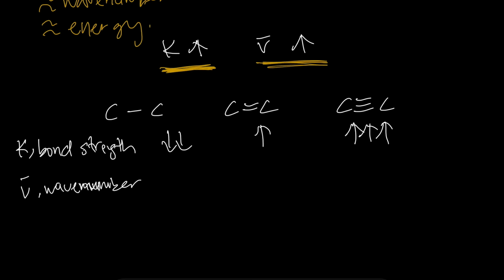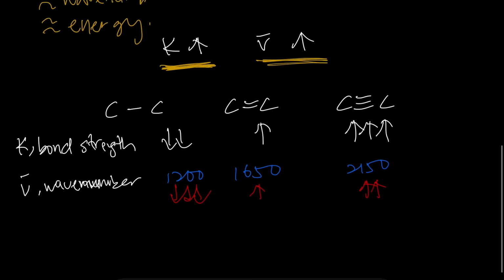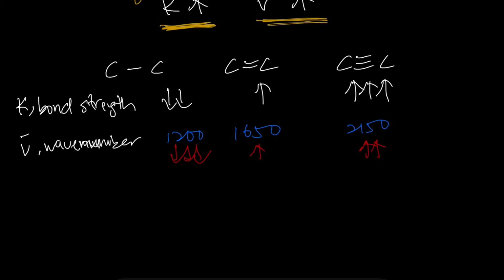If we compare these three, the wave number for the triple bond is 2250, the double bond is 1650, and the single bond is 1200. The triple bond has the higher wave number, followed by the double bond, and the single bond has the lowest wave number. This is because of the difference in bond strength. This also can be applied when you compare carbon-oxygen bonds or carbon-nitrogen bonds.